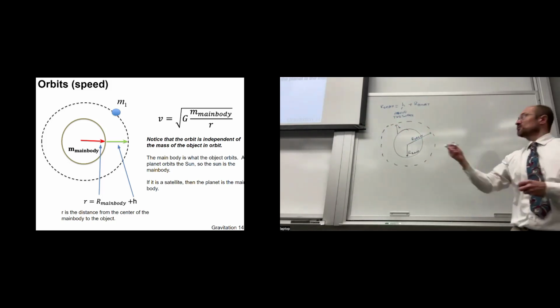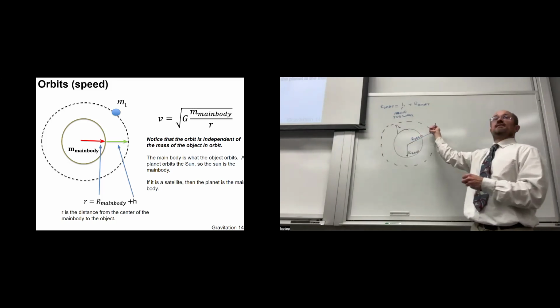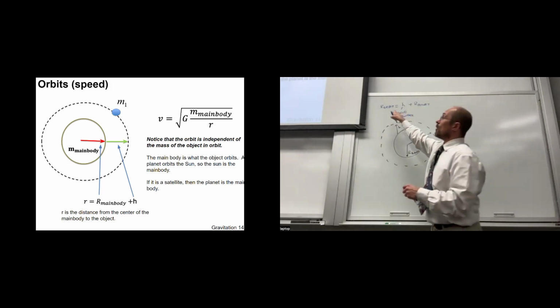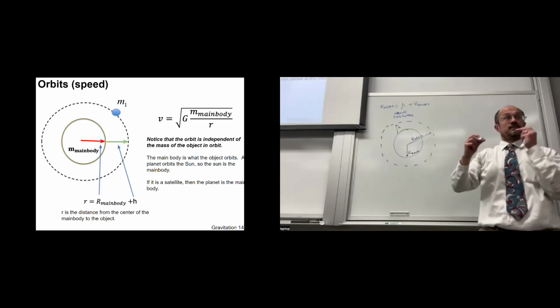So when you orbit, you measure from the center of the planet out to the distance you are, and that's the r that we're going to put into our equations.